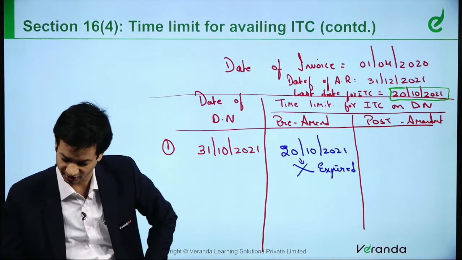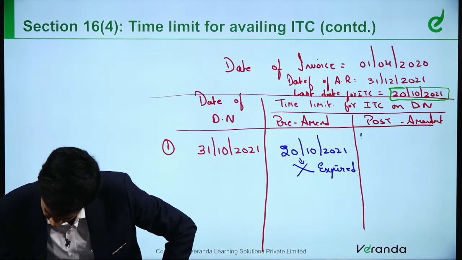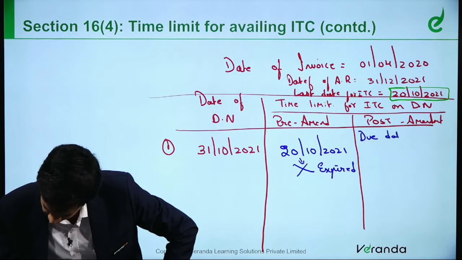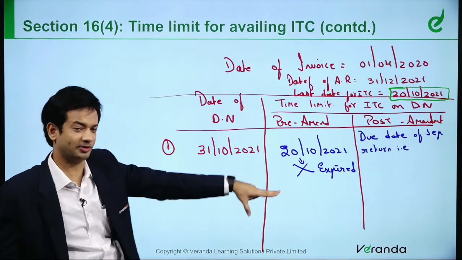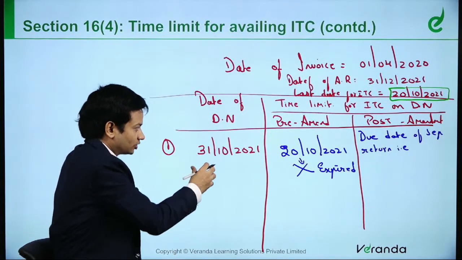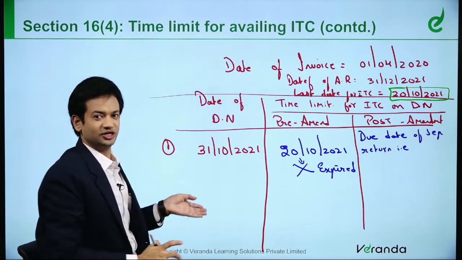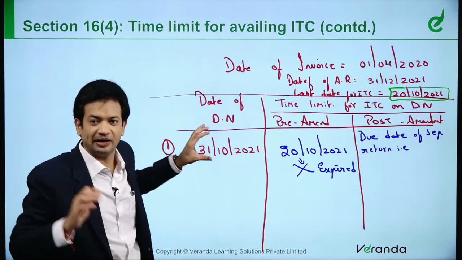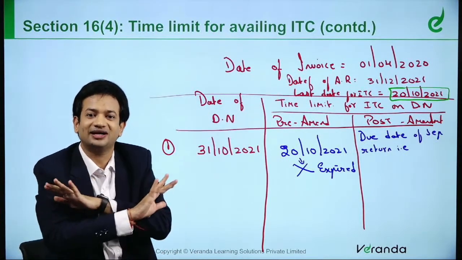Post-amendment, the last date to claim ITC will be the due date of the September return. Now, post-amendment, I will see the time limit based on this debit note. The date of debit note is delinked from the date of invoice. Post-amendment, only the date of debit note is important, the date of invoice is not important at all.